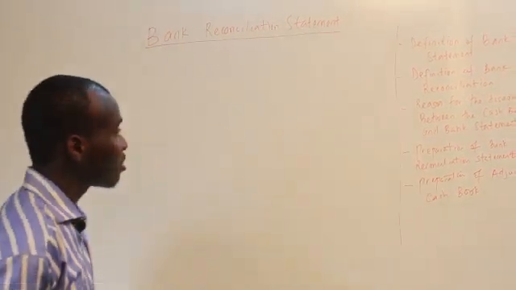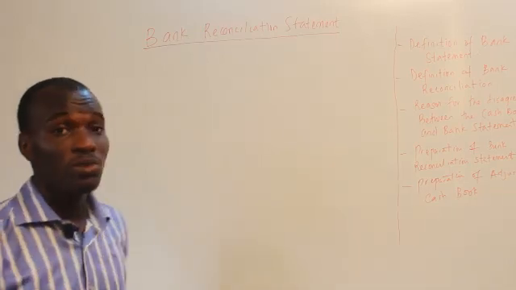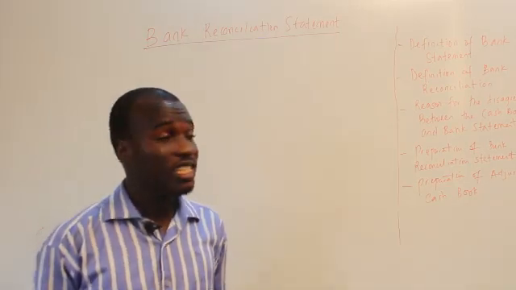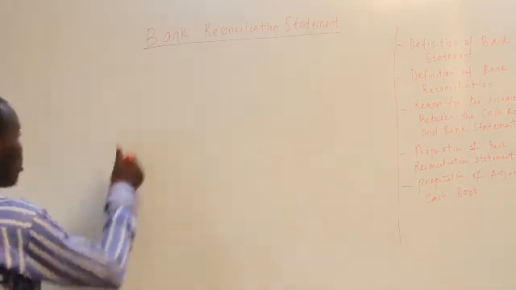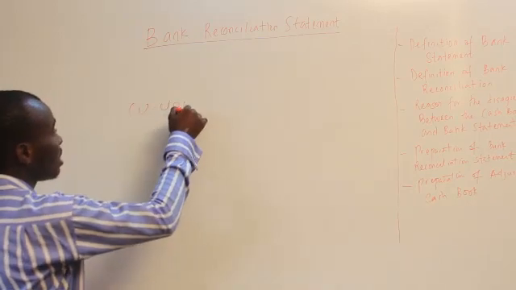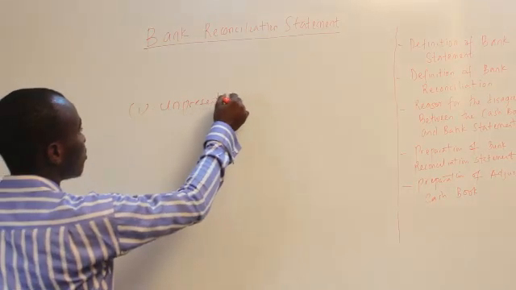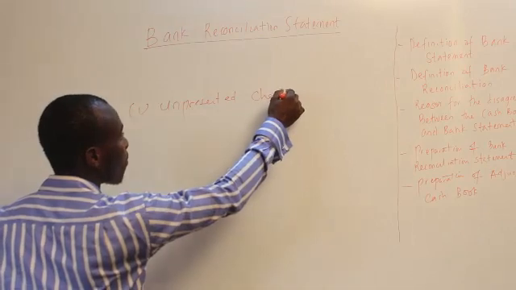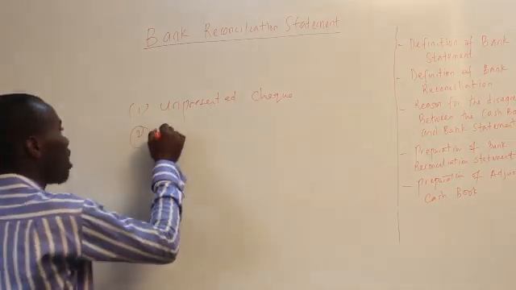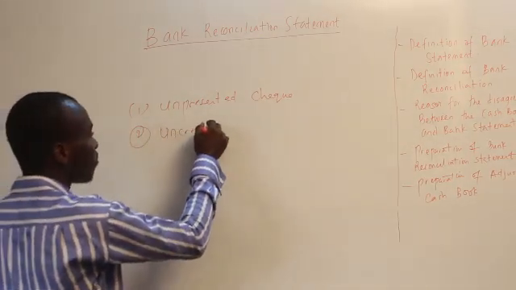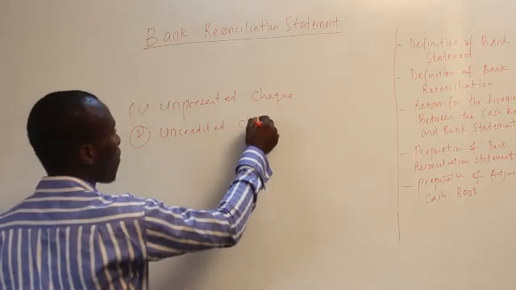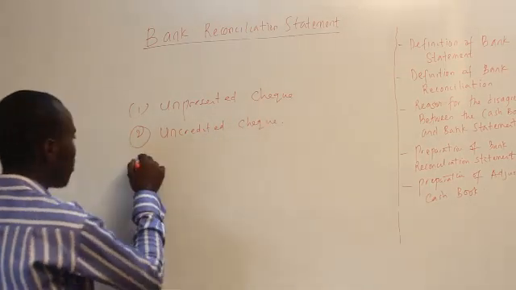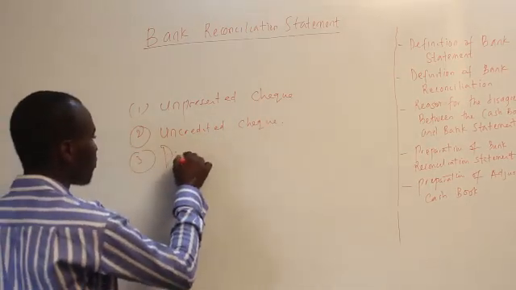There are a lot of reasons why the balance in the cash book will not be the same as the balance in the bank statement. We have number one, unpresented check. Then two, we have uncredited check. Three, we have dishonored check.